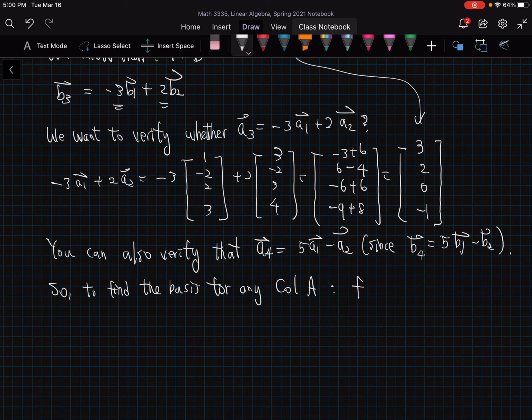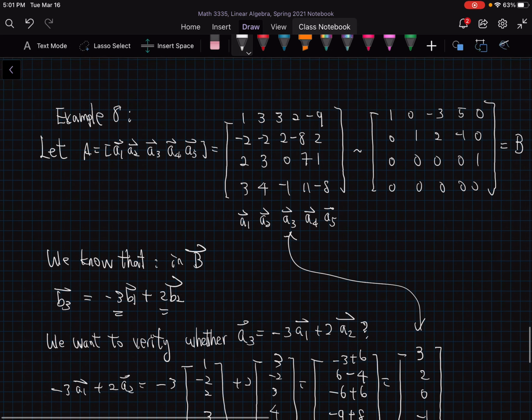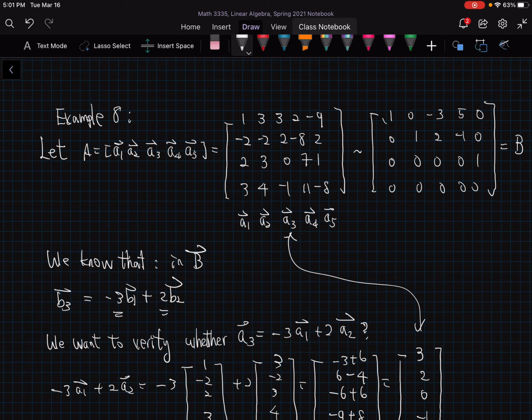Well, find all pivot columns of A. To find the pivot columns of A, we first find the reduced echelon form, then find the corresponding columns, and go back to the original matrix. So in this question, we know the pivot columns are columns 1, 2, and 5. Therefore, your basis for the column space A will be A1, A2, and A5.